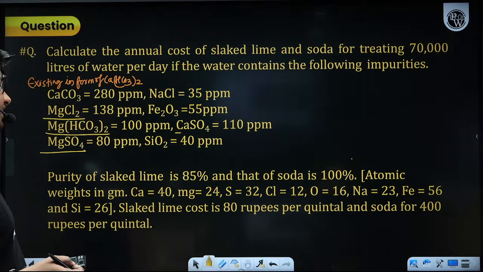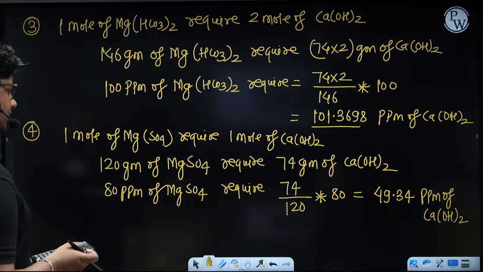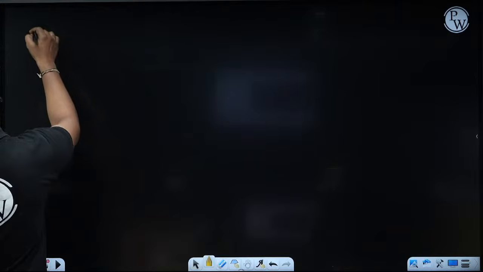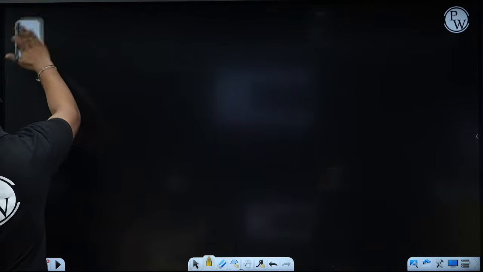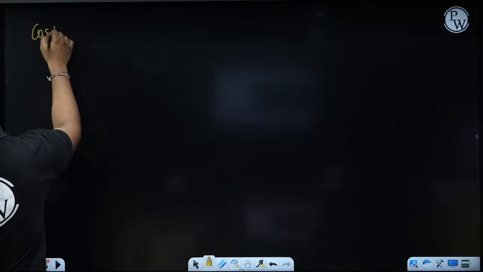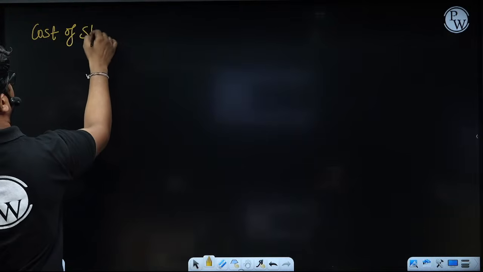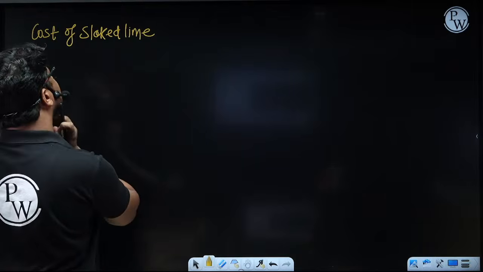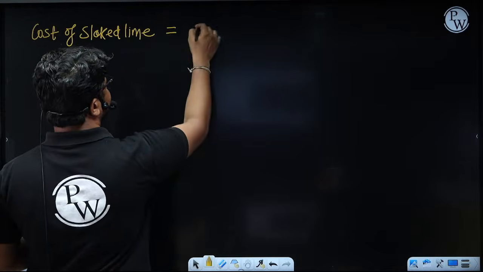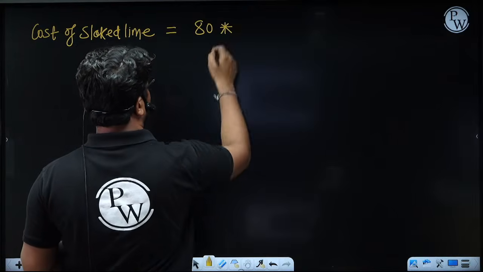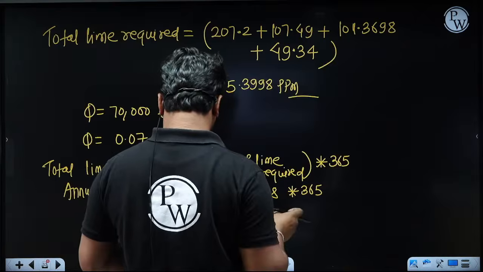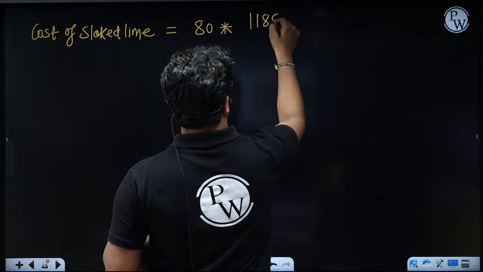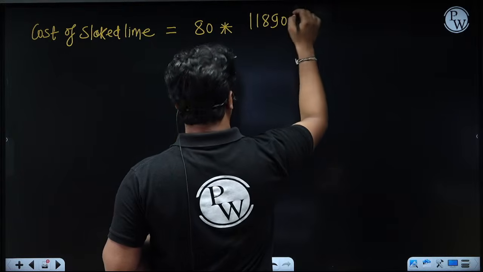They have given you the value also, like slag lime is costing 80 rupees per quintal. So if you want to find out the cost of slag lime, 80 rupees is the cost per quintal. You got 11,890.605.